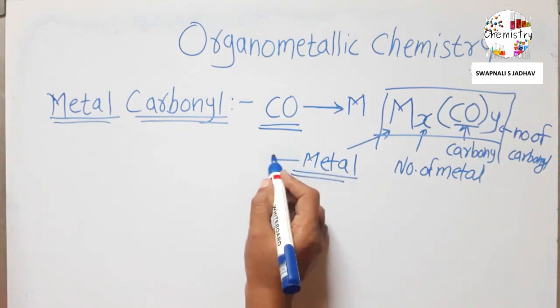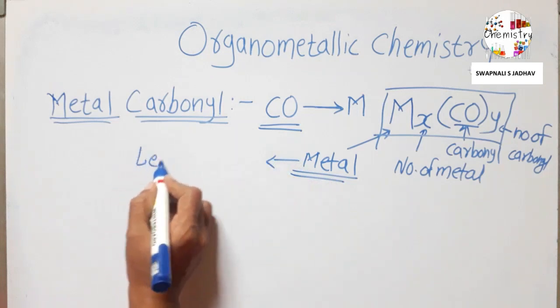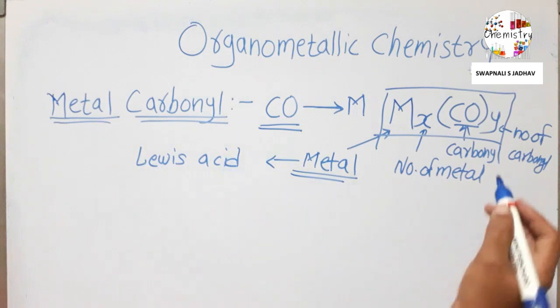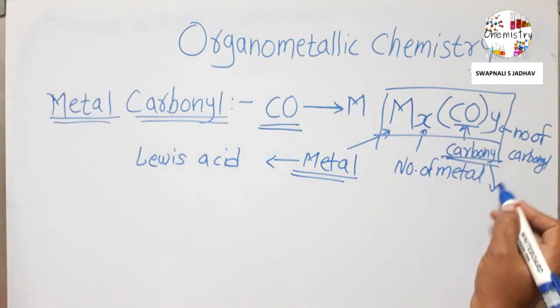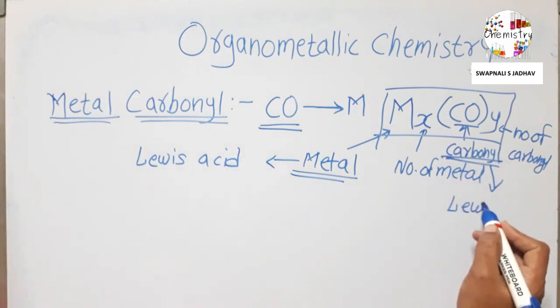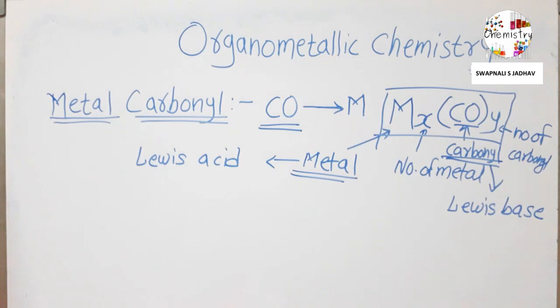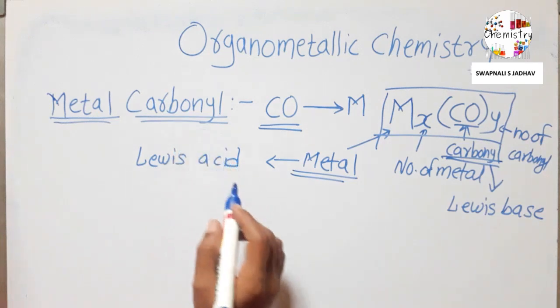That metal acts as Lewis acid, while that carbonyl acts as Lewis base. So depending on the number of carbonyl groups, metal carbonyls are classified into two types. Which types?